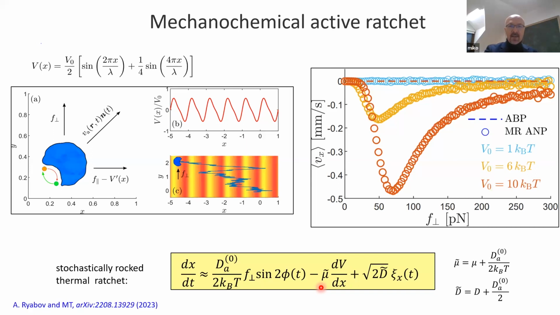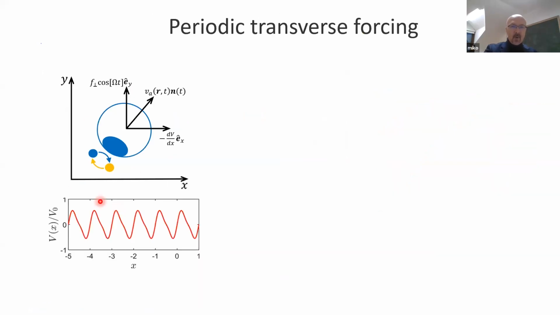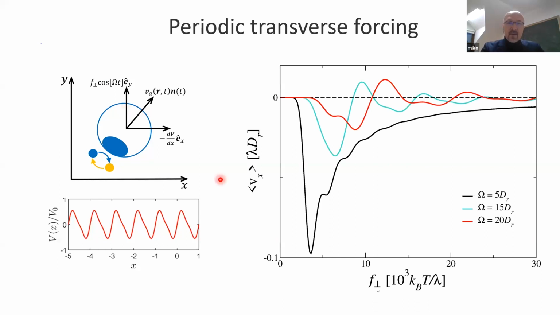What is more interesting, however, if you take this nanoparticle and start acting upon it in a transverse direction by an oscillating force with a certain frequency capital omega, we observe multiple reversals of the current.